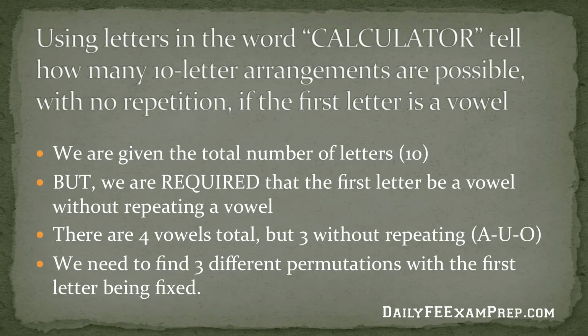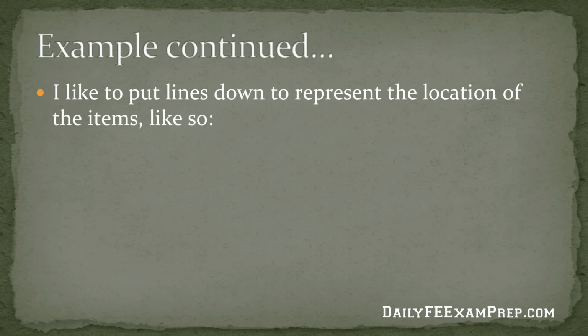So we need to find 3 different permutations with the first letter being fixed as one of those 3 vowel letters. It might be a little confusing at first, but let's break it down. The way that I like to solve these types of problems is to put lines down to represent the location of the items, like so. I've got 10 blank spots here that represent all of the letters in the word. We know that the first one is going to be one of 3 vowels.